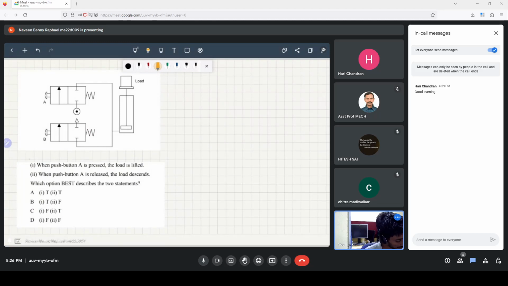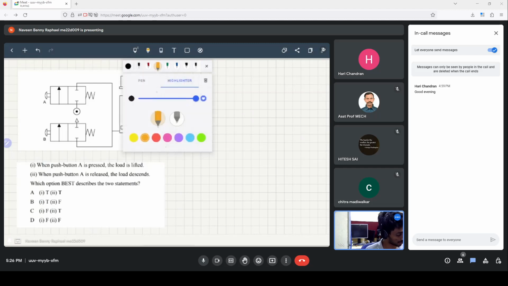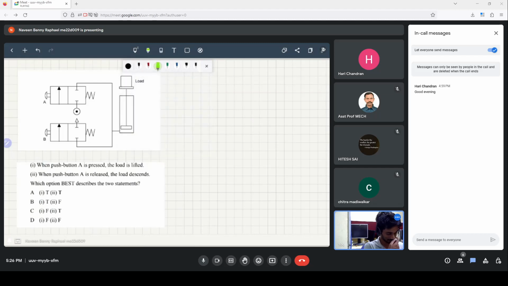Once again, check if the first one is true or false, or check the validity of both statements. Just once again, this is the source and this is the exhaust.